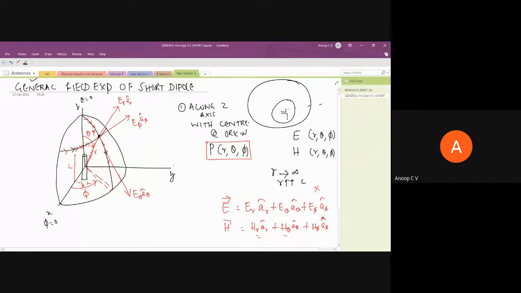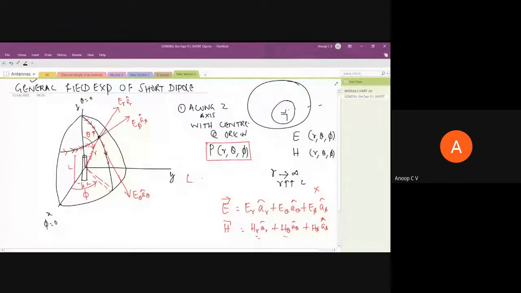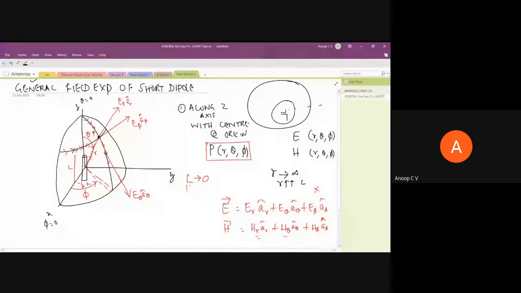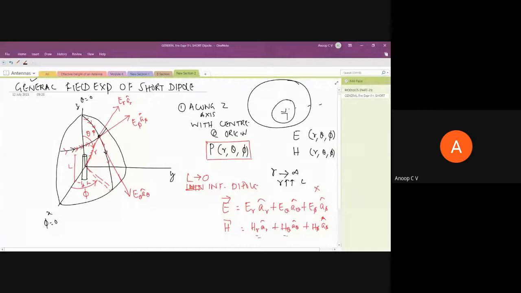If the length is tending to 0, almost vanishingly small, then we call it an infinitesimal dipole. Here we are assuming it has some length L. So this is the system we'll be considering to derive our expression.